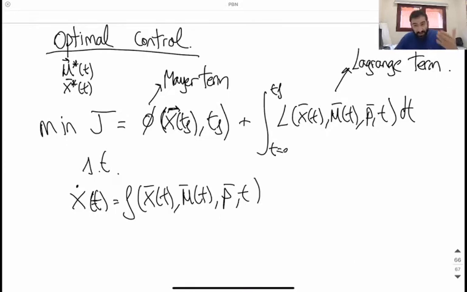Think of a 3 degrees of freedom motion of an aircraft, or a 6 degrees of freedom motion of an aircraft or a spacecraft or whatever, right? And this depends on some control inputs, those that are not on the left-hand side, which is the state.